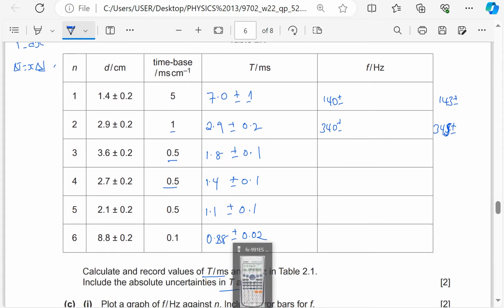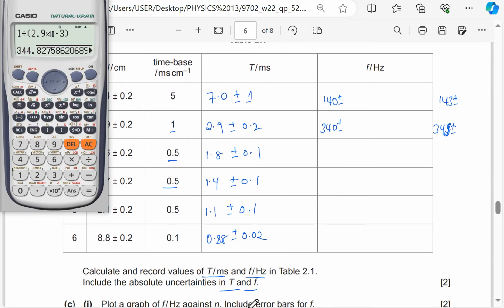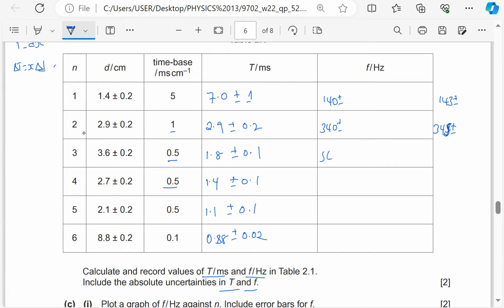Then the next one is 1 divided by 1.8 exponent minus 3. So this is either 560 to two significant figures, or you can write 556.